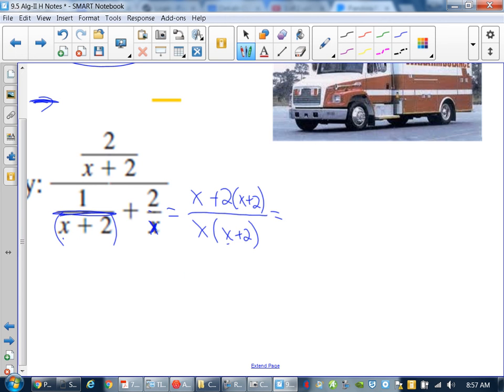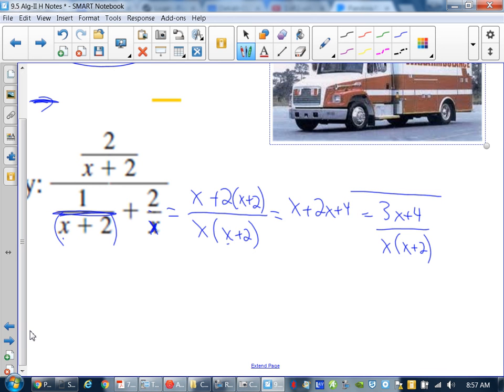So the numerator here becomes x plus 2x plus 4. So it's 3x plus 4 over x times x plus 2. Be okay with that? I distribute, and then I combine my like terms. Why can't you just cross out the... oh wait, it's addition. It's addition, very good. So now I've got this.